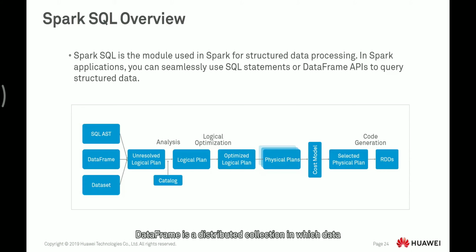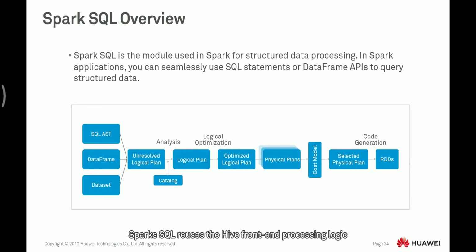Here, data frame is a distributed collection in which data is organized into named columns. Spark SQL and data frame also provide a universal method for accessing multiple data sources such as Hive, CSV, ORC, and JSON. These data sources also allow data interaction.